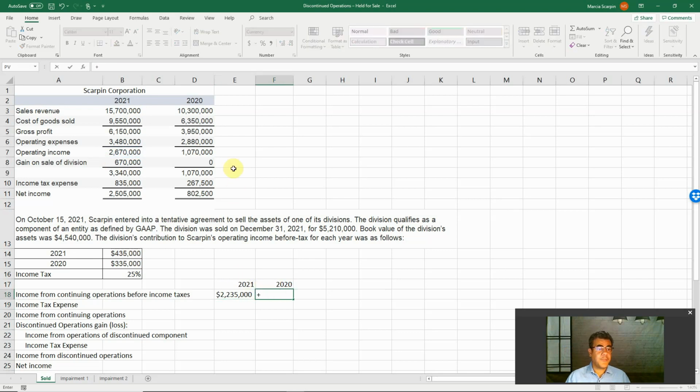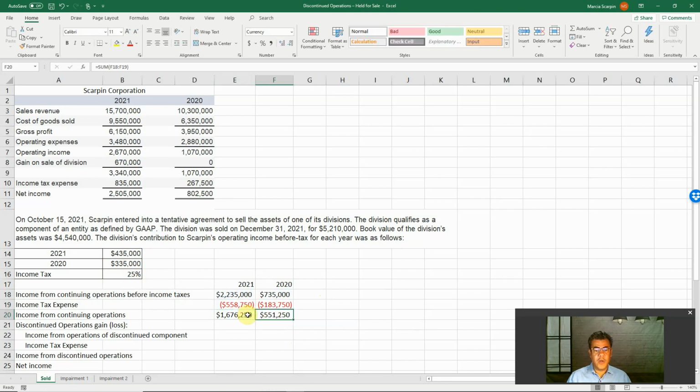And 2020, the operating income less these results here. So now we have the continued operation before tax. Our tax, 25%, times 25% here. So the income from continued operation, the sum.